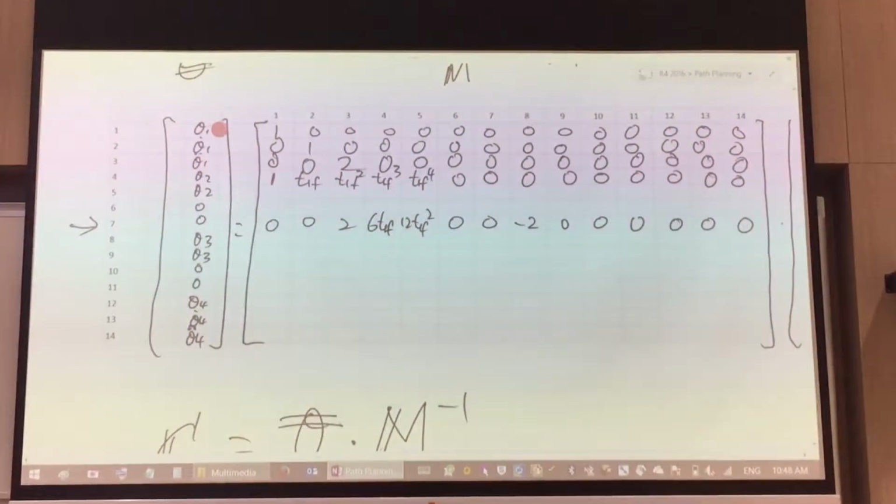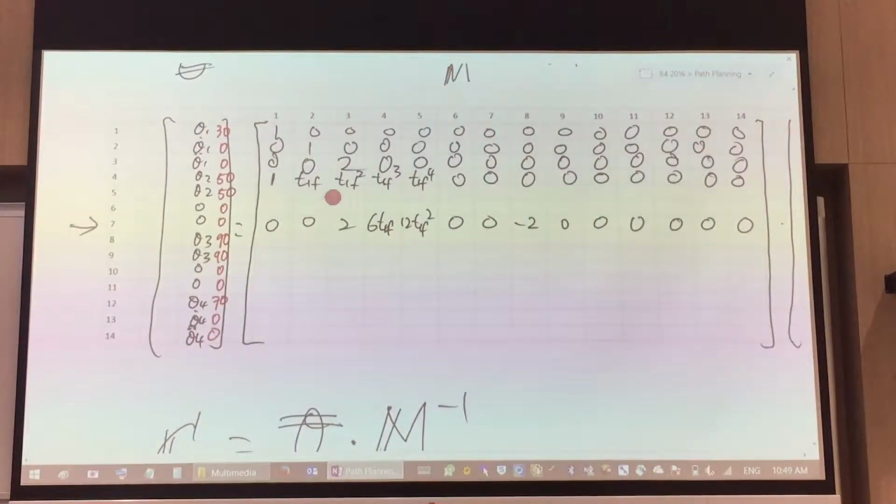You're given theta 1 equal to 30 degrees, this one is 0, this one is 0, theta 2 is 50 degrees, 0, 0, theta 3 is 90 degrees, and your theta 4 is 70 degrees, and then the velocity and acceleration conditions you're given as 0, 0.